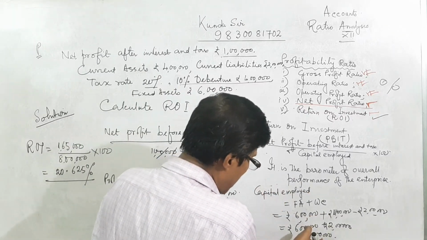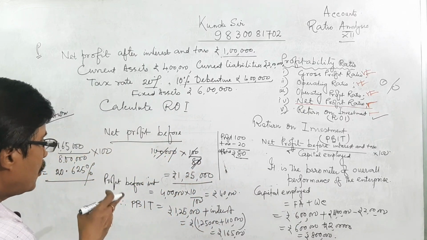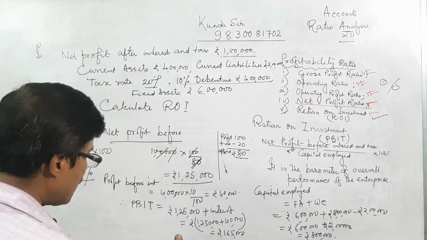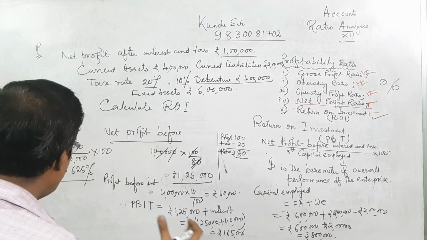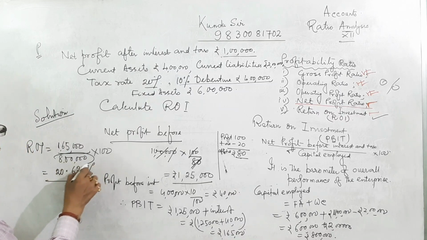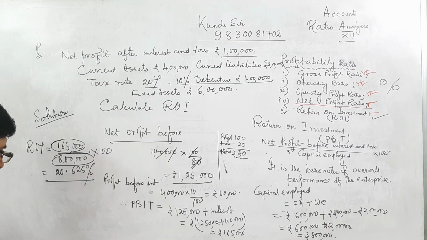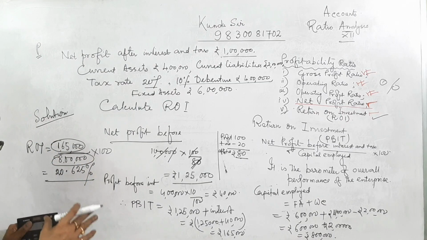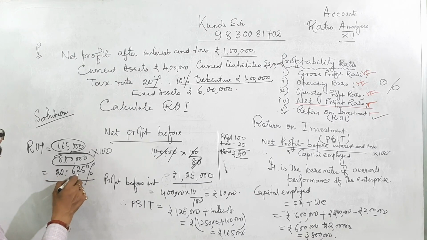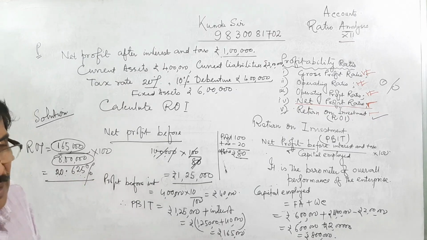They have employed capital of 8 lakh and are earning 1,65,000. Expressed in percentage, 20.625% of investment is the return of the organization.